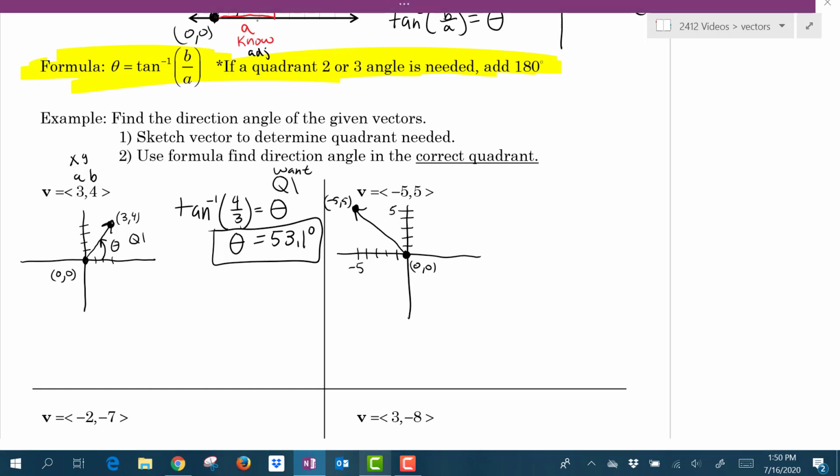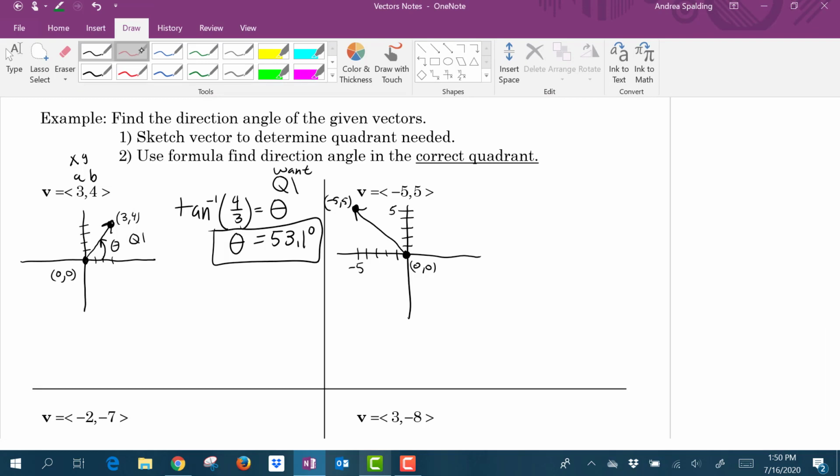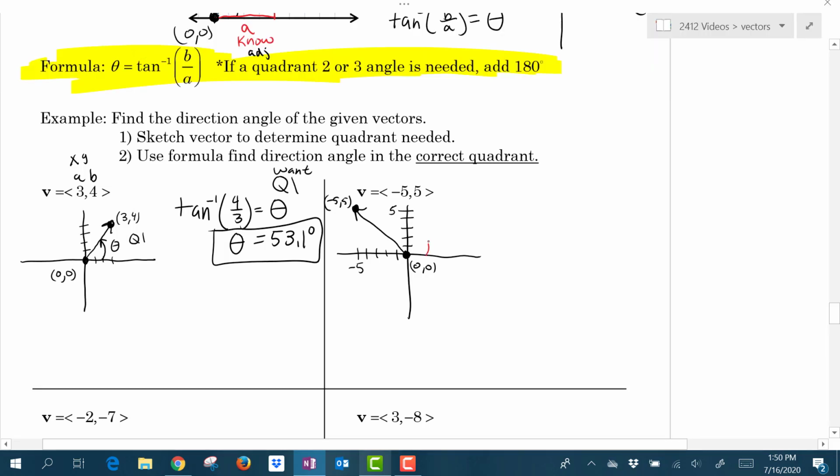Now, the angle that we want, let's talk about that. It starts at the positive x-axis and then rotates, and then we stop at the vector. That's a quadrant 2 angle. So we'll be careful about that. So we're going to use our formula, tangent inverse.